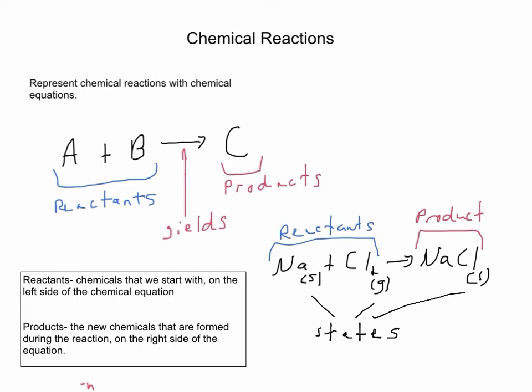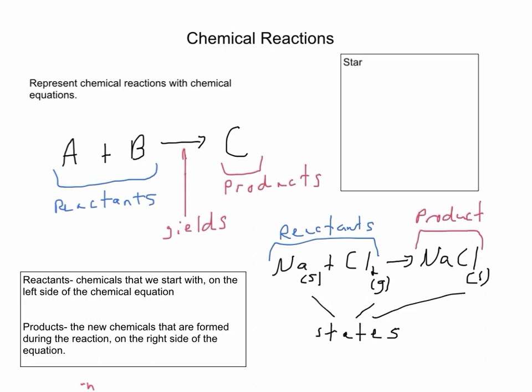It's important to note that sodium is a solid, so when I go to do this reaction, I have the proper container. It's important that chlorine is a gas. Also affects the container, and also some reactions won't occur unless the chemicals are in certain states.